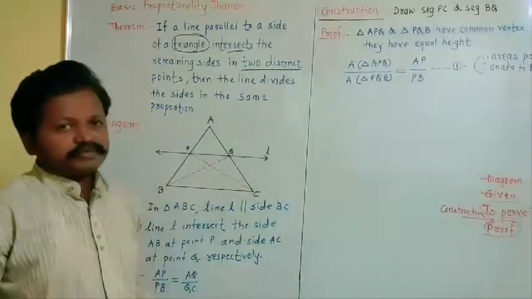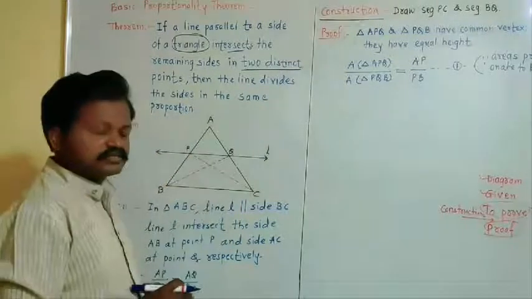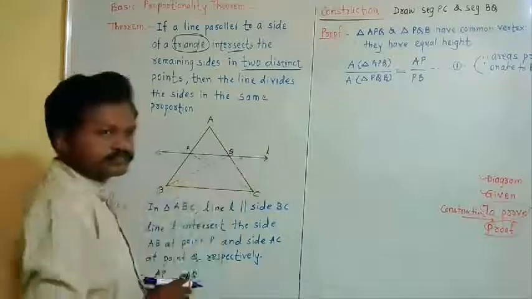Similarly, you take the second pair of triangles: the first is APQ, and the second is PQC.